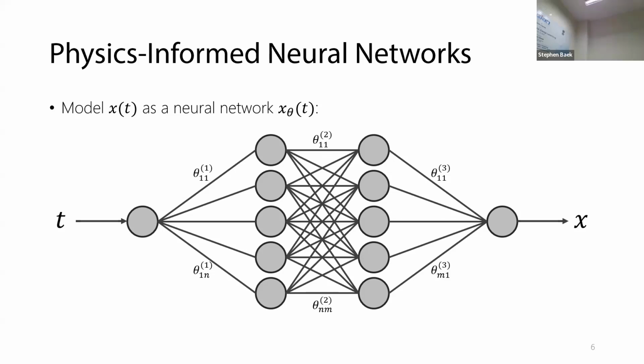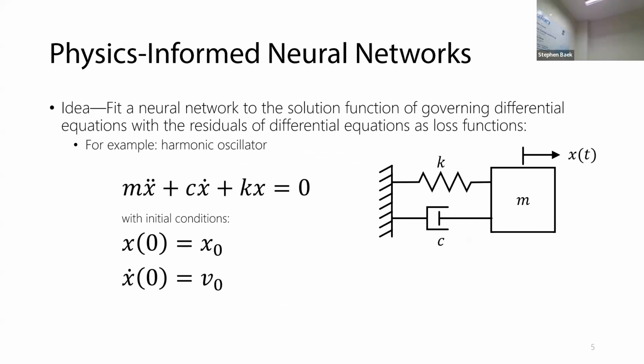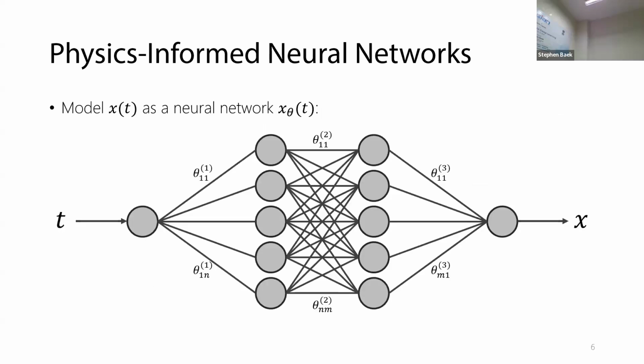What if... so those weights will further transform these hidden states into a new set of hidden variables. And then at the end, finally, they get combined, and then we have a prediction of the position.